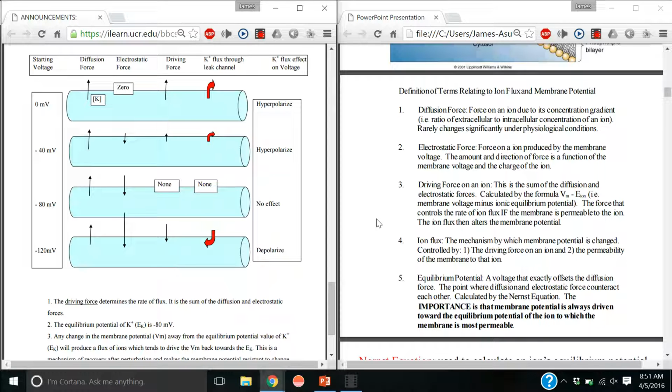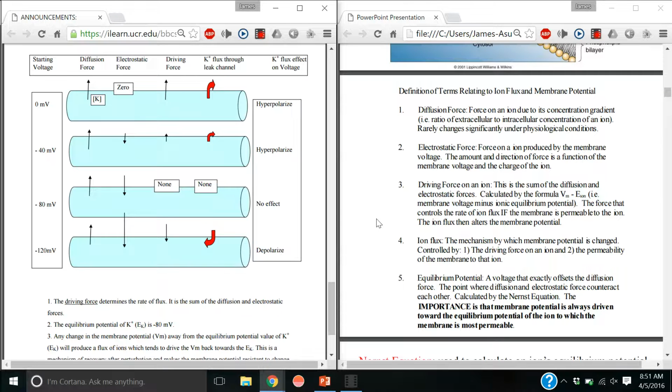What I'm doing here is showing cylinders representing neurons at 4 different membrane potentials: 0 millivolts, like the starting voltage, minus 40 millivolts, minus 80 millivolts, which is close to the resting membrane potential, not exactly, but close, and an even more negative value of minus 120 millivolts.